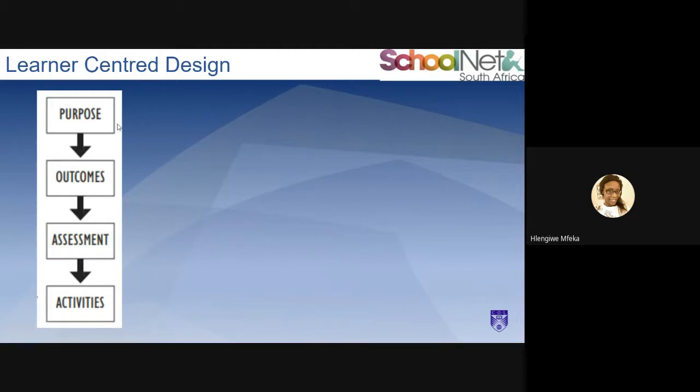It's your assessment. And then from your assessment, you need to identify the activities that will enable learners to achieve the outcomes, and meet the assessment criteria that you have indicated when you were planning your assessment. Now, with the activities, we go back to the methods that we shared with you in our previous slide.